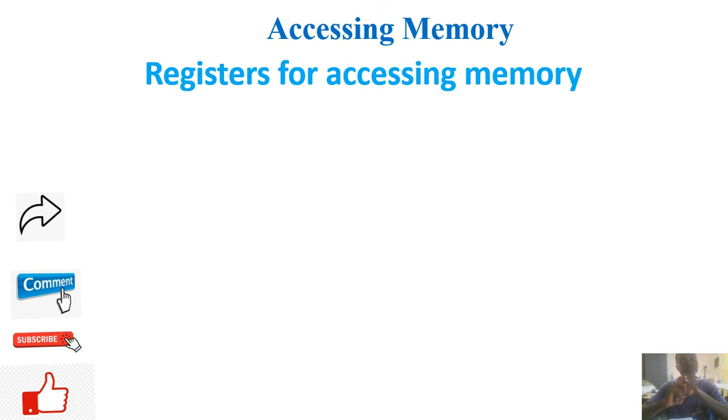We use the BX and BP registers. BX is the base register and BP is the base pointer. Then we have index registers: source index and destination index. So these are the registers that we use to access memory. And this is it.